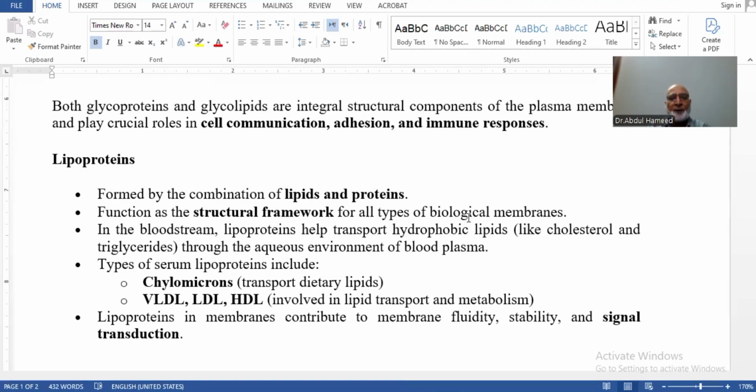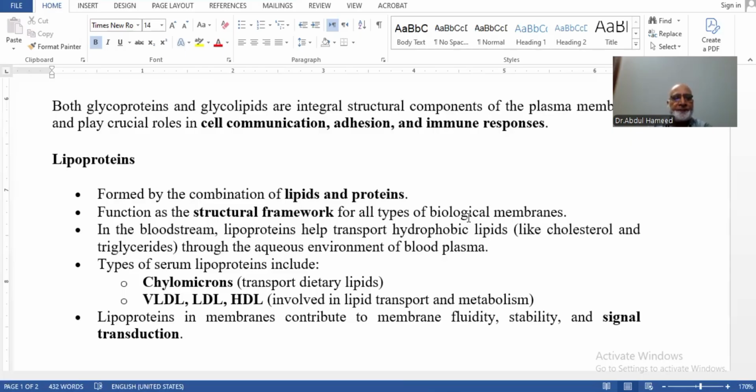They form a sort of globular structure and carry the lipids through the aqueous medium, the plasma part of the blood.